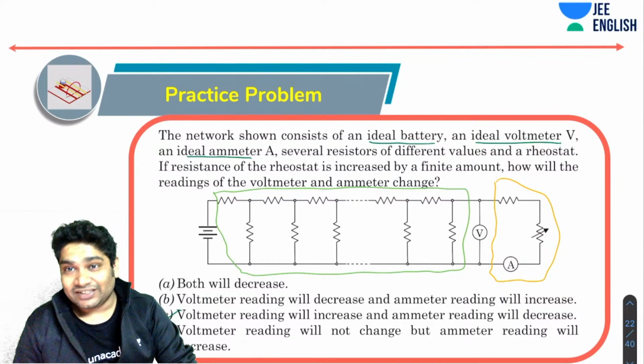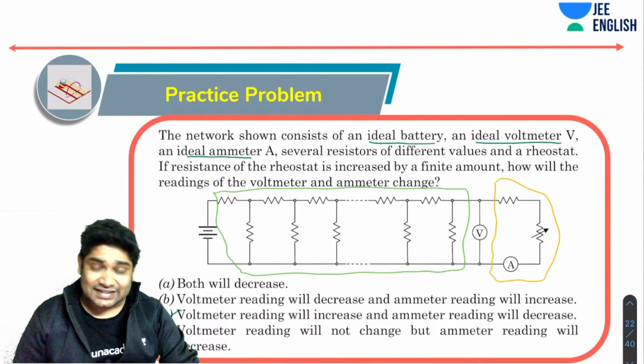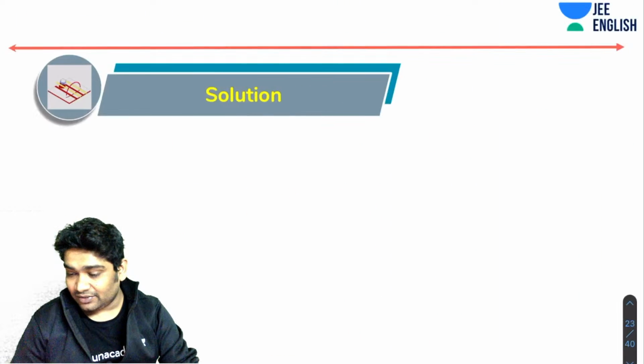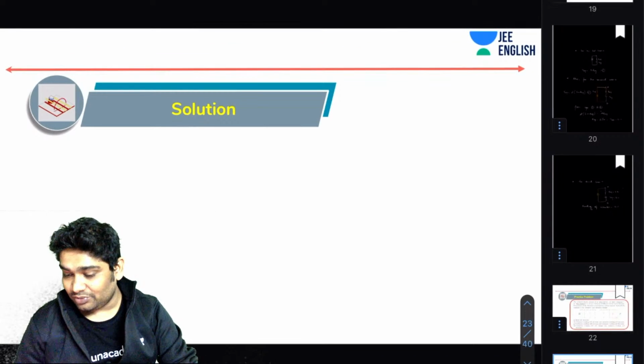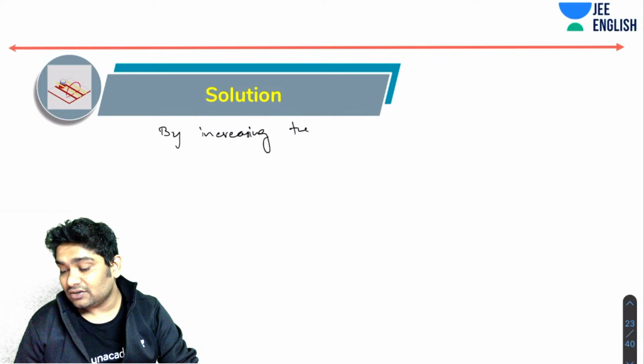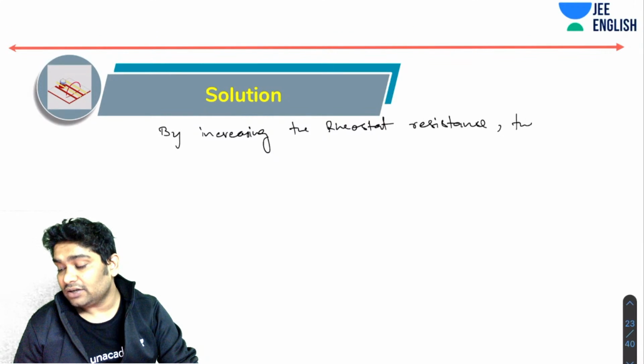Obviously, the moment you increase any resistance in any combination, the net resistance will increase. That is pretty obvious, right? By increasing the rheostat resistance, the net resistance of the circuit will obviously increase.